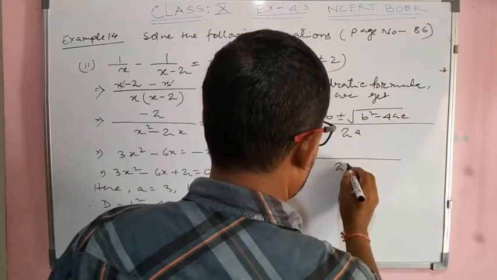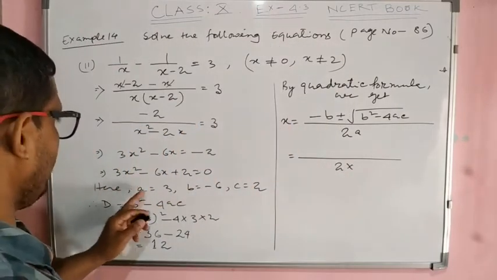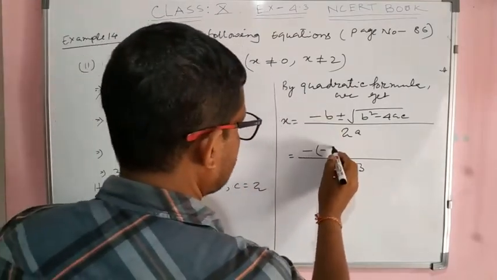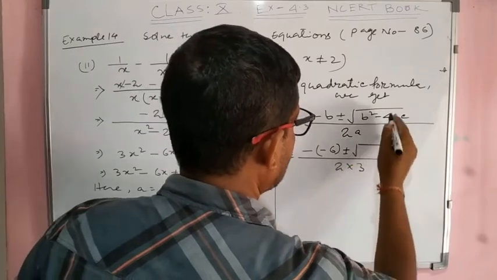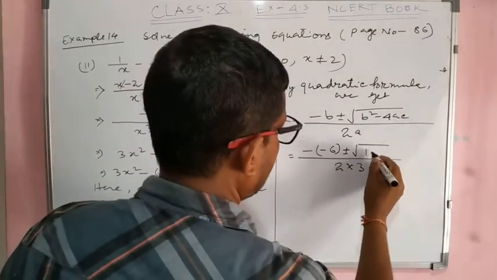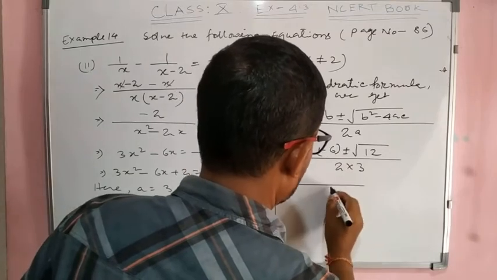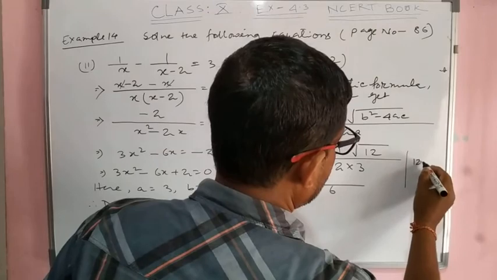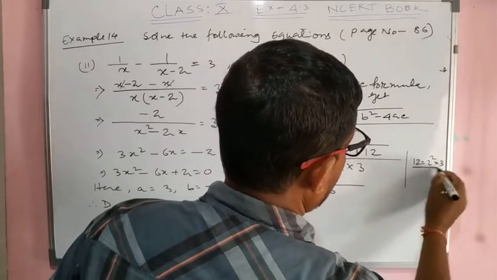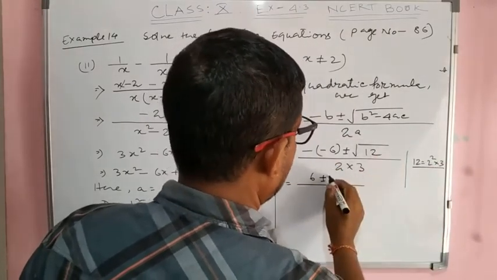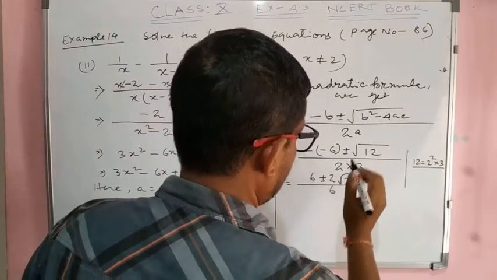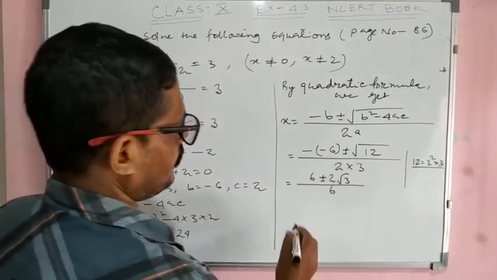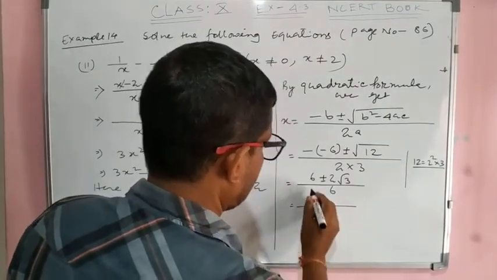So it will be 2 into a means 3, minus of b means minus 6, plus minus root of b square minus 4ac, which is 12. So it will be 6 plus minus root 12. 12 can be written as 2 square into 3. If we take the square root of this, we get 2 root 3. So we can take common 2 here.